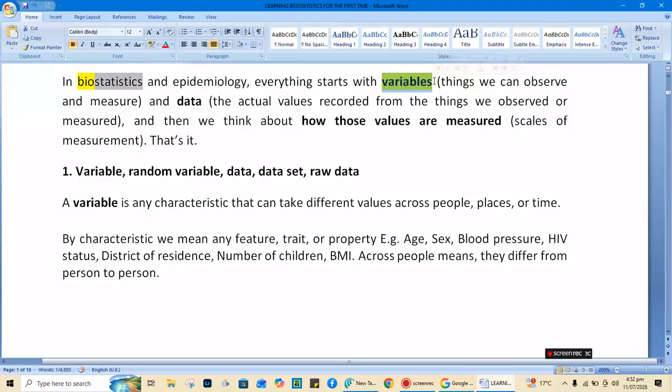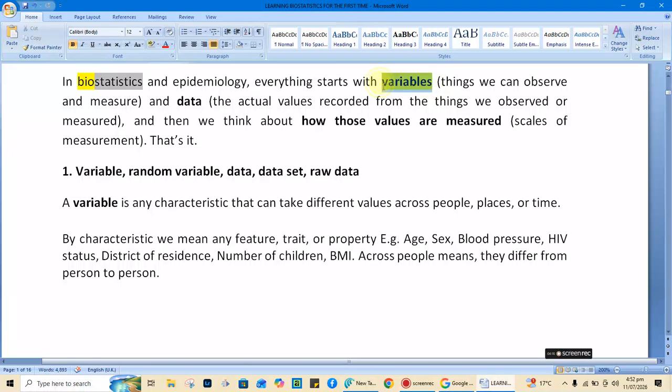All of those things are going to help you when you observe or get your details, and they are going to lead you to data. Then that data becomes the values. So a variable is simply a characteristic or a property.